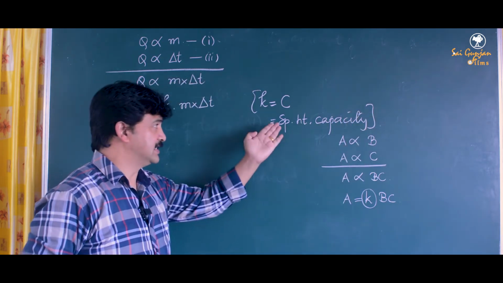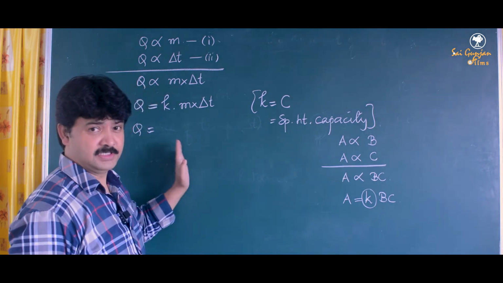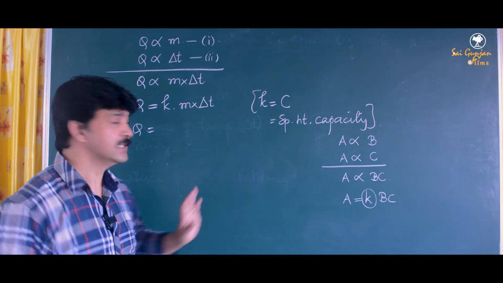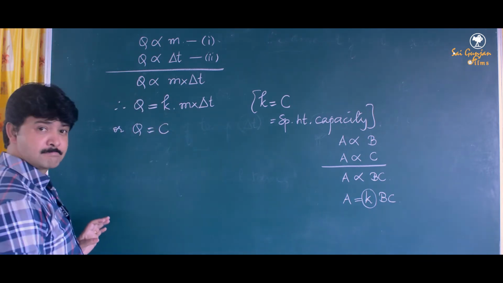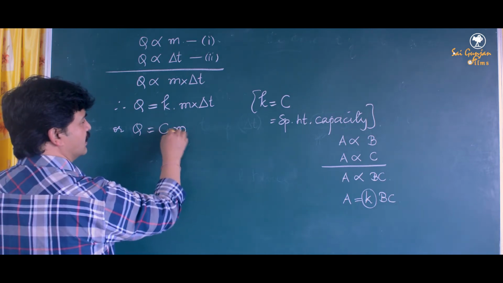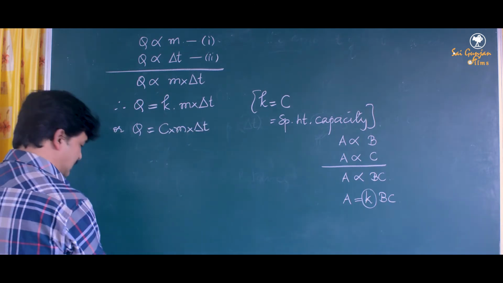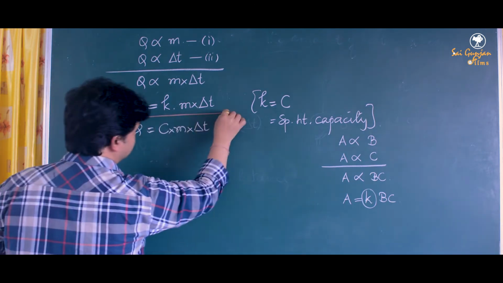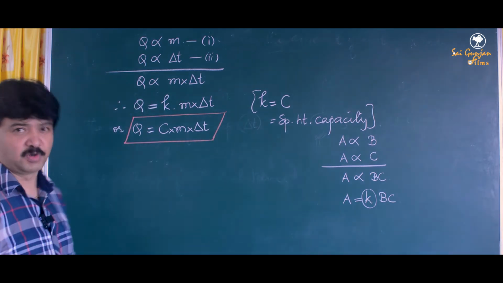So I will take this topic in detail after completing this particular mathematical relation. All right. So this K is now C, which is the specific heat capacity, into M into delta T. So this is the formula for the amount of heat contained in a body.